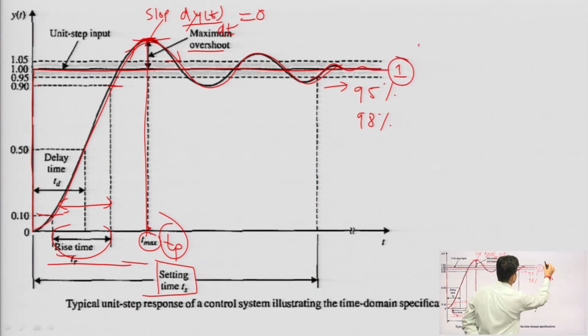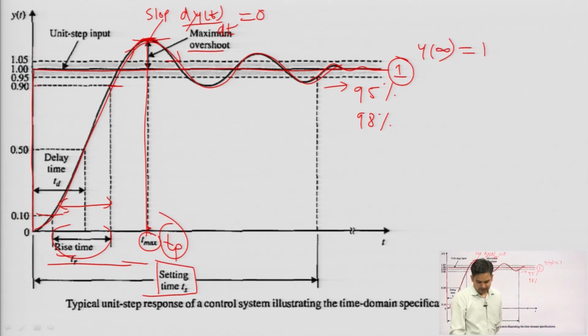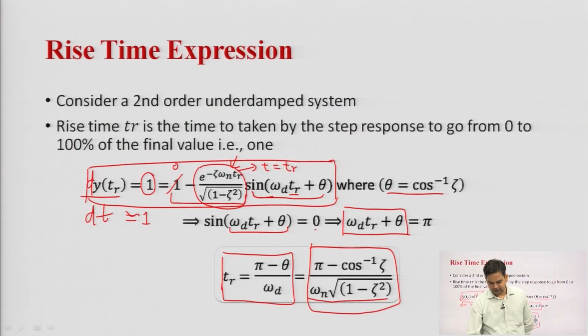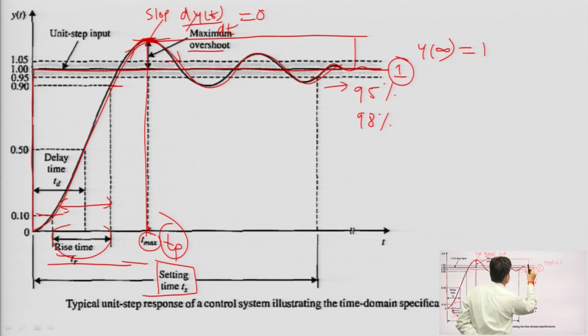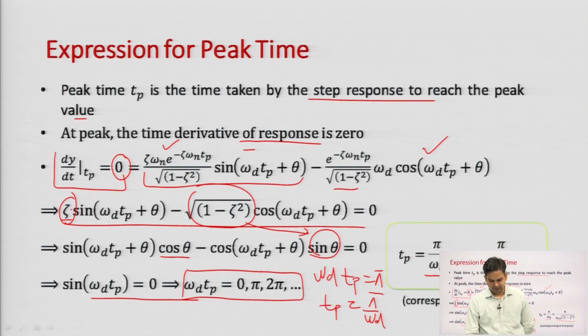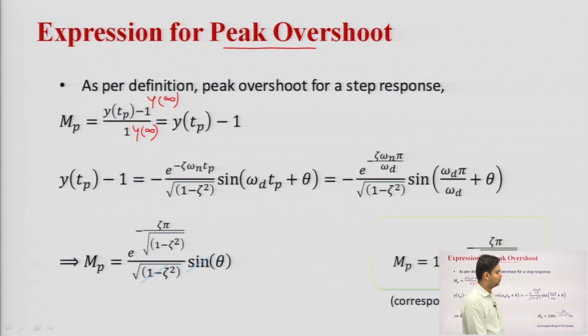So y(infinity) is equal to 1. You can say this is the maximum peak and this is the steady state, and the difference between them, as a percentage, gives the peak overshoot. This concept we will use here for calculation of peak overshoot.